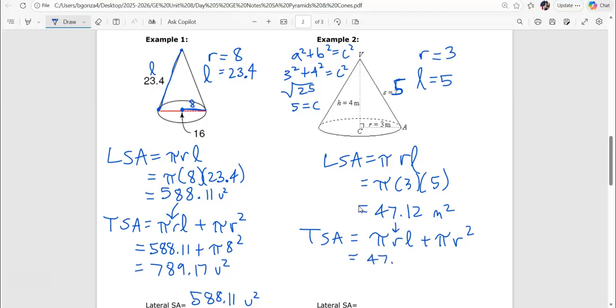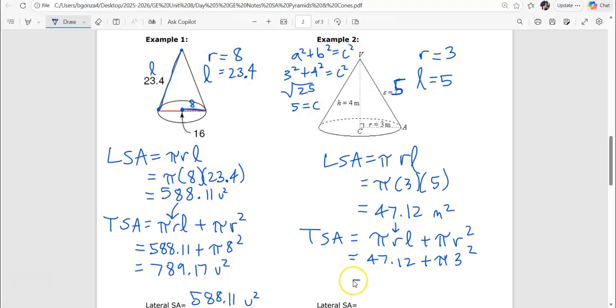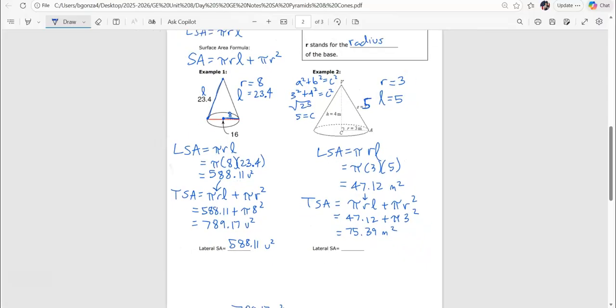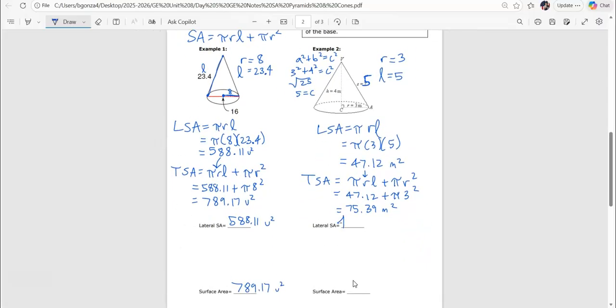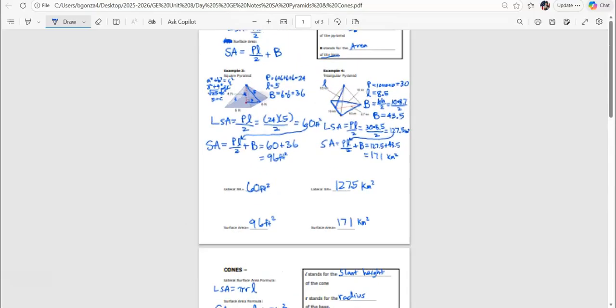So it's what? 47.12 plus pi 3 squared. $75.39. And that's, again, meters squared. So let's write that down here. 47.12 meters squared. 75.39 meters squared. Okay.